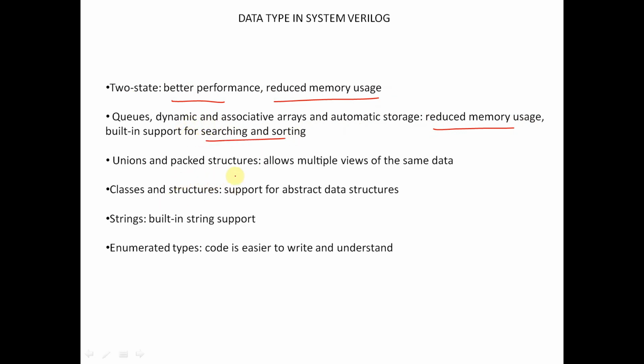And coming to unions and packed structures, allows multiple views of the same data, and classes and structures support for abstract data structures, and strings are for built-in string support, and enumerated types. They help make the code easier to understand.